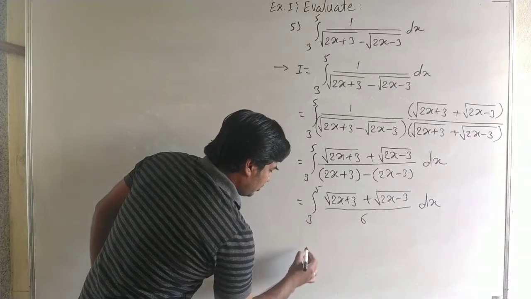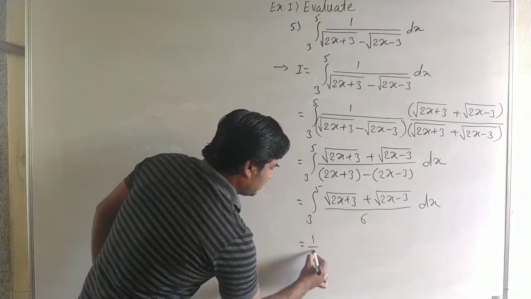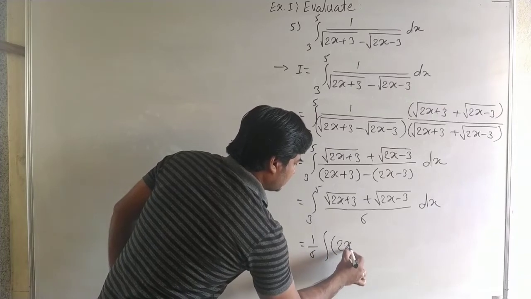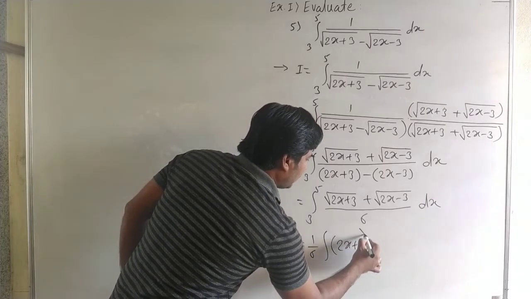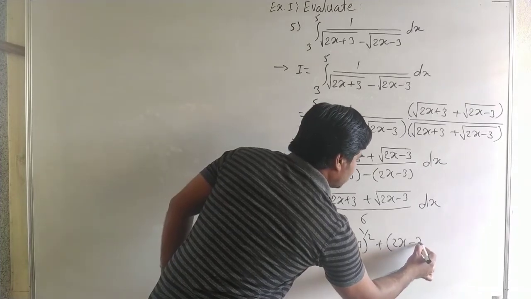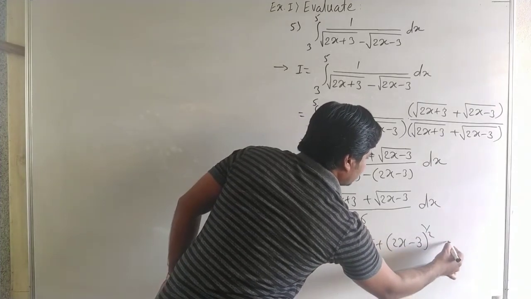Now this constant 6 we take outside of the integral, and in the integral we have 2x plus 3 to the power 1 by 2 plus 2x minus 3 to the power 1 by 2 dx.